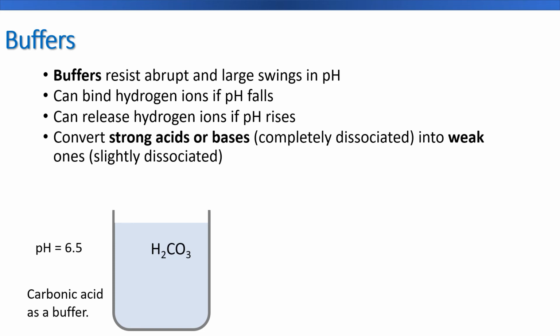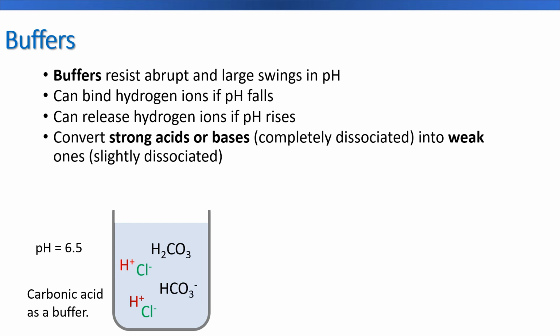So here we have carbonic acid, and it's a weak acid, and because of this, it can act like a buffer. So we know that carbonic acid will exist not only as an intact molecule, but also as an ion. And let's say that our solution with this buffer in it originally has a pH of 6.5. So what happens when we add a strong acid like hydrochloric acid to this solution? Well, one thing that happens is that the pH is going to change.